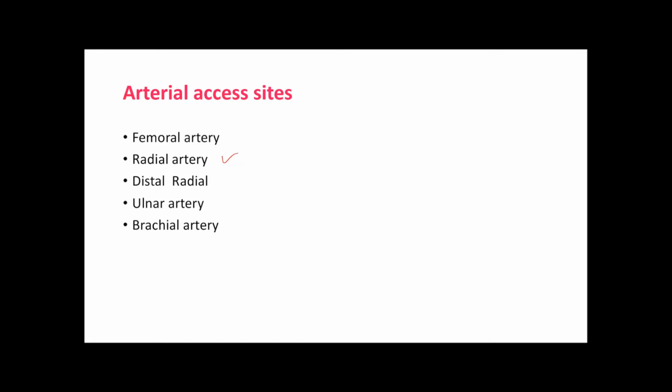There are some data that even the ulnar artery can be safely used for coronary intervention, and in some cases, if you don't have any other options, you can use the brachial artery. We are going to discuss all of them, primarily the femoral and radial artery accesses, which are the most practiced access sites, but we'll also touch upon the other access sites.